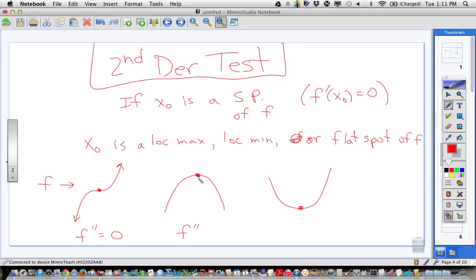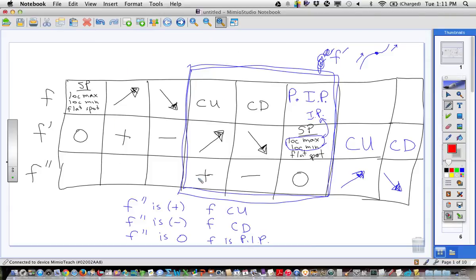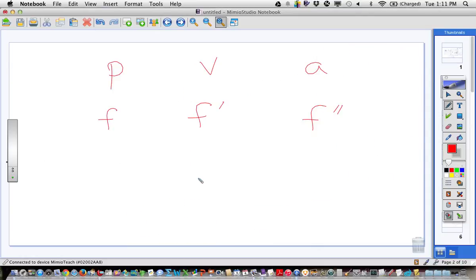Okay, back to our chart. f double prime, positive, negative, 0, depends on whether f is concave up, concave down, or maybe an inflection point. Okay, so let's go back to this.